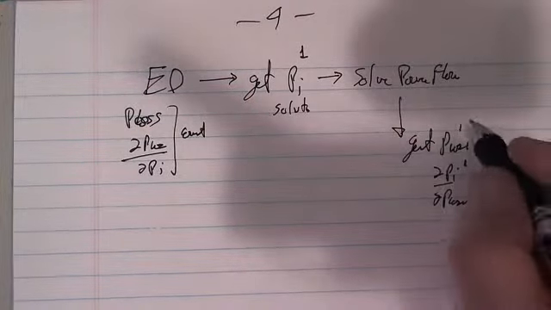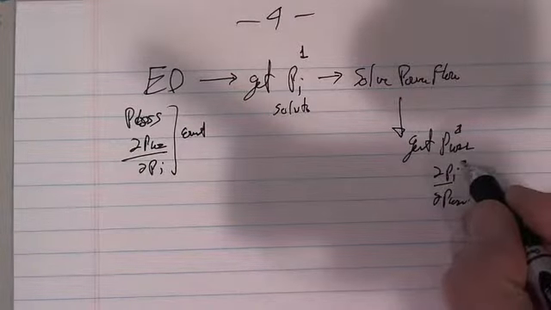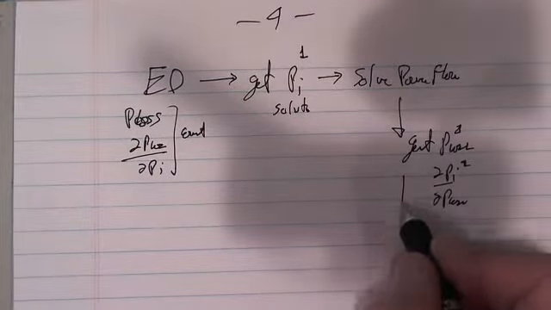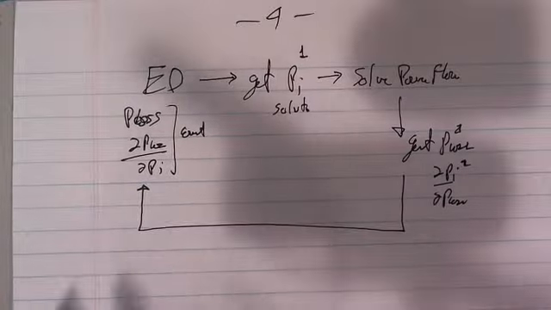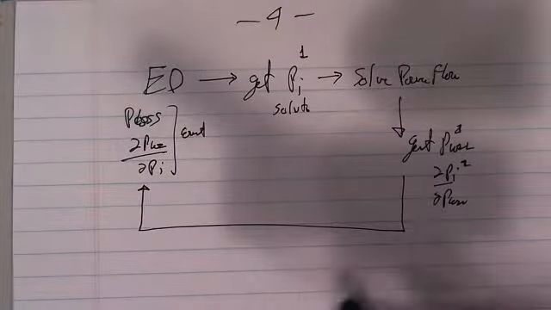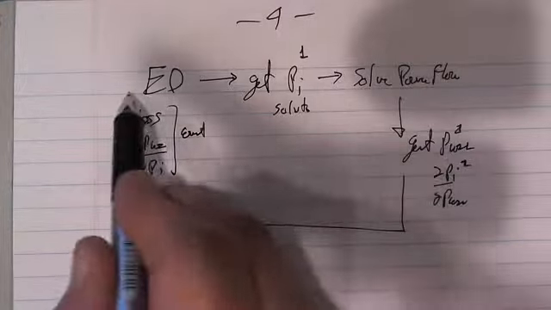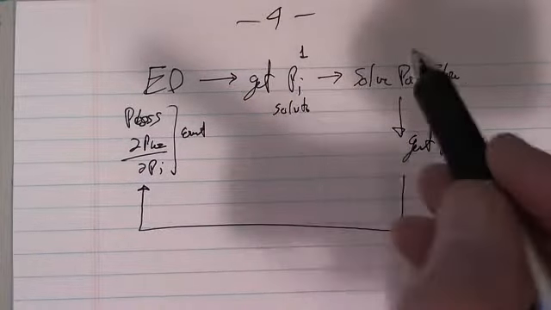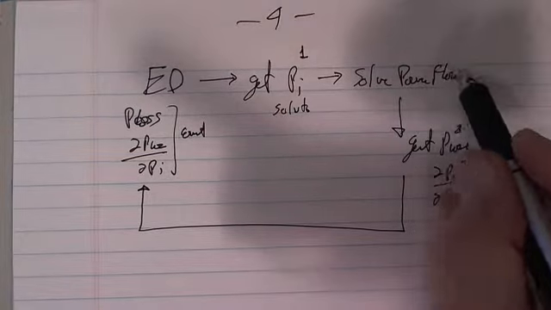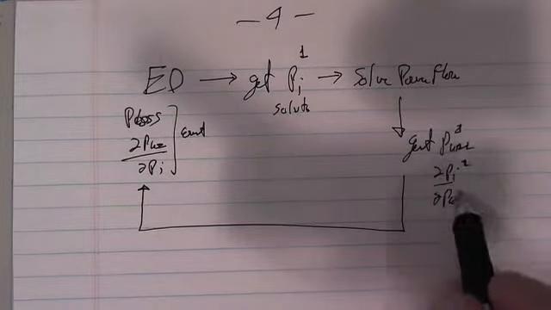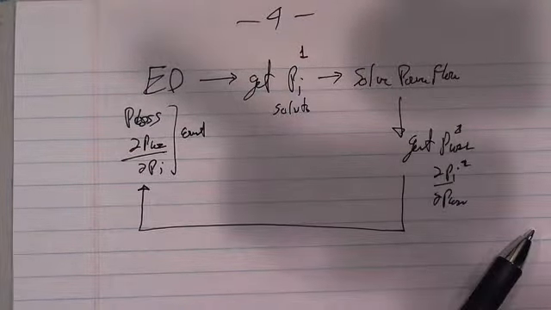I don't want to do that. I want to call this 2. So we've updated, and now go back and solve again. And you keep going around it. When you update the losses and the incremental losses, you get a new solution, you get a power flow again, and you get new losses and new incremental losses.